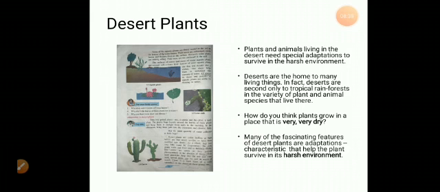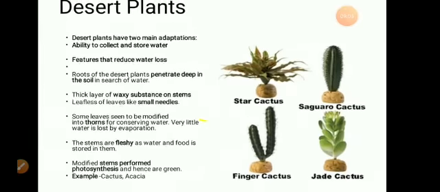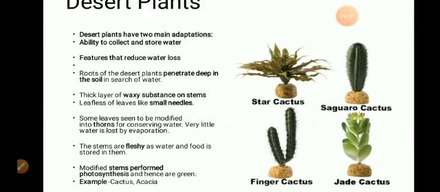This is the type of adaptation in desert plant. So their roots also penetrate deep in the soil and some of their roots spread away in the soil in search of water. They also have a thick layer of waxy substance on the stems of these plants too. You can see some of a variety of cactus plants, that is the desert plants.